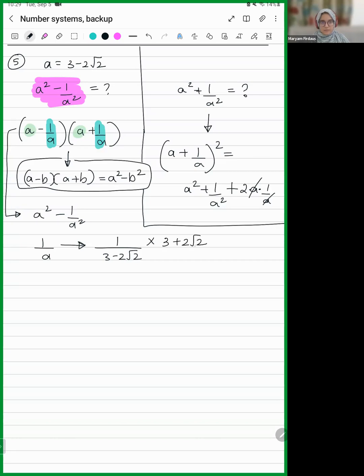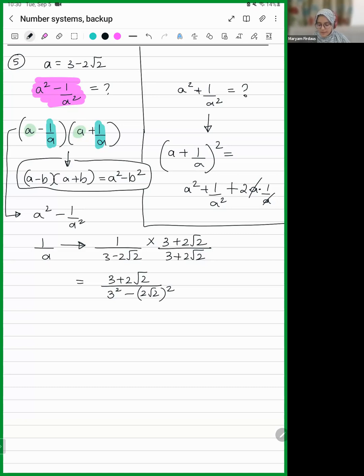The numerator will be 3 plus 2 root 2, and the denominator will be 3 square minus 2 root 2 whole square. This is fine for everyone.